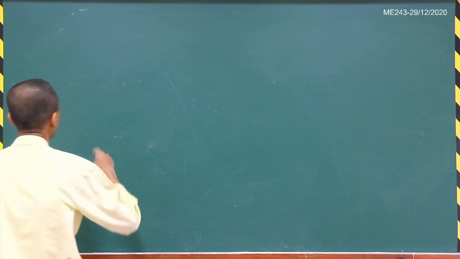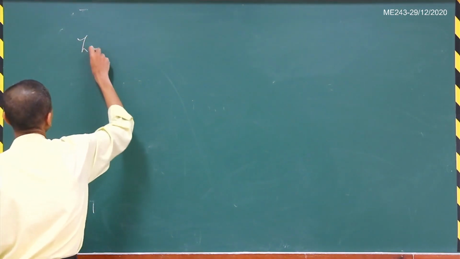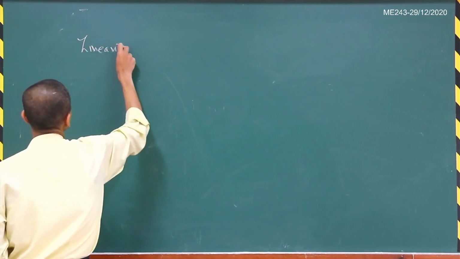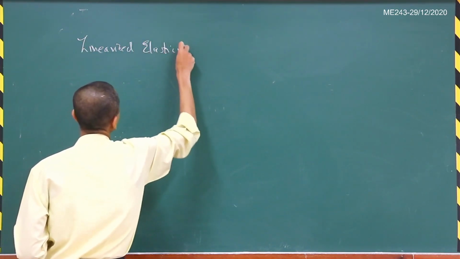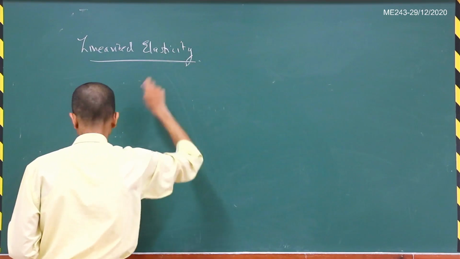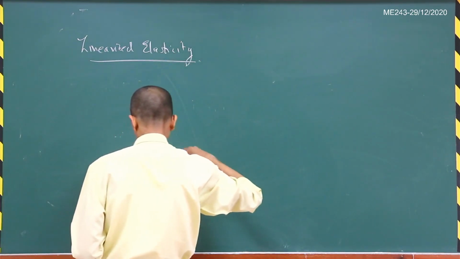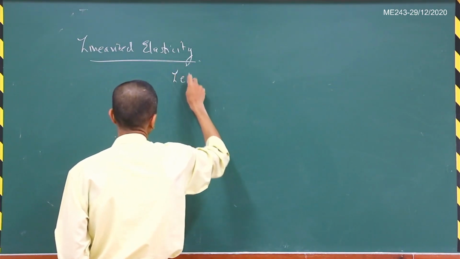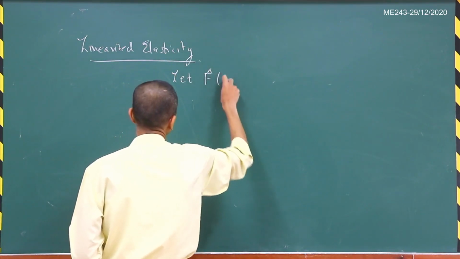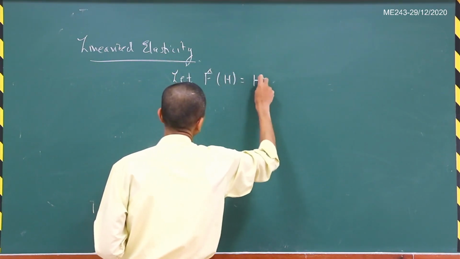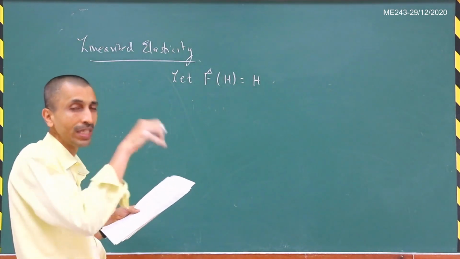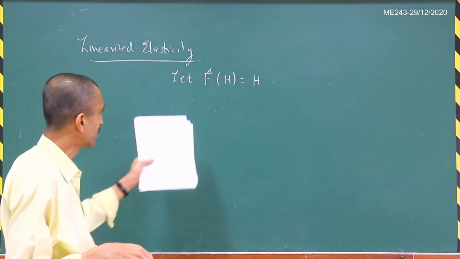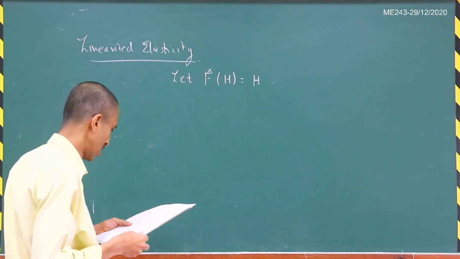So let us look at the linearized elasticity. Let F hat of H be equal to H. This is just a mapping of a tensor into itself. We will need that, which is the reason I am introducing this particular mapping here.